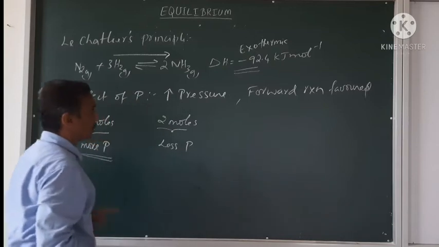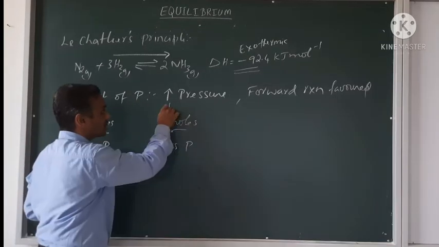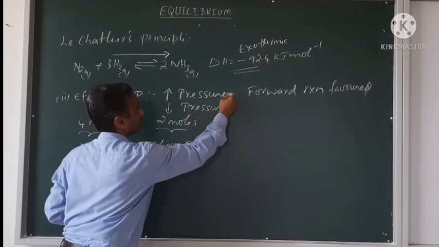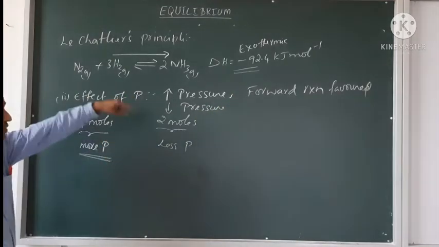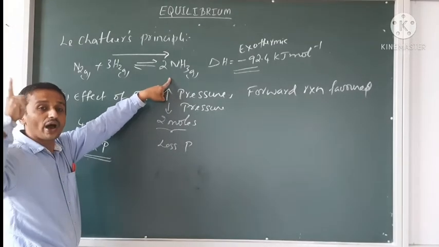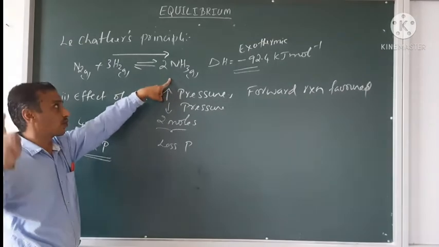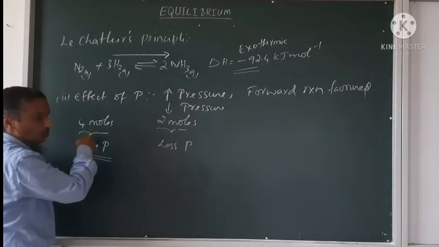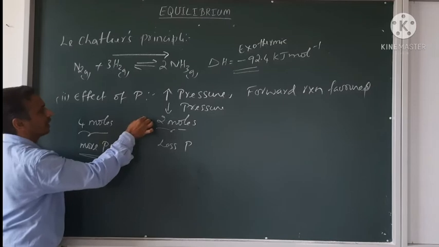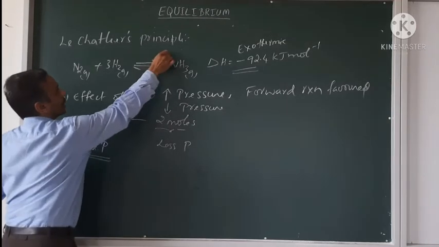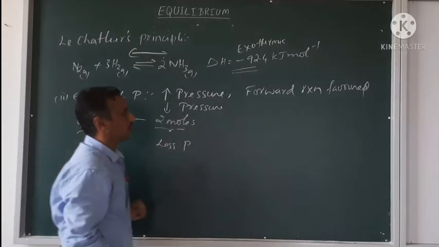And if pressure is decreased, what happens then? If the pressure decreases, the reaction favors the direction where there is an increase in number of moles. See, from 2 moles to 4 moles, there is an increase in the number of moles in the backward reaction. In that case, backward reaction is favored.